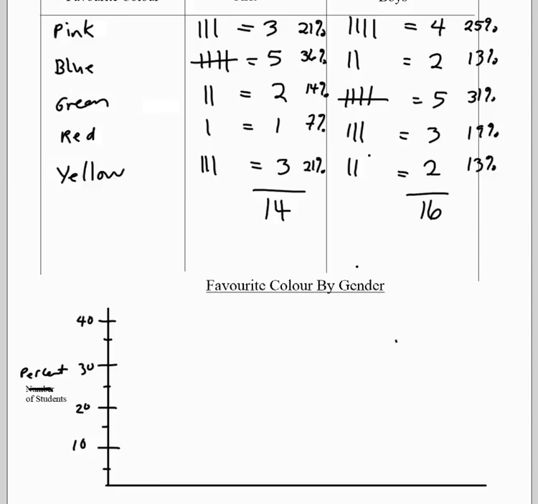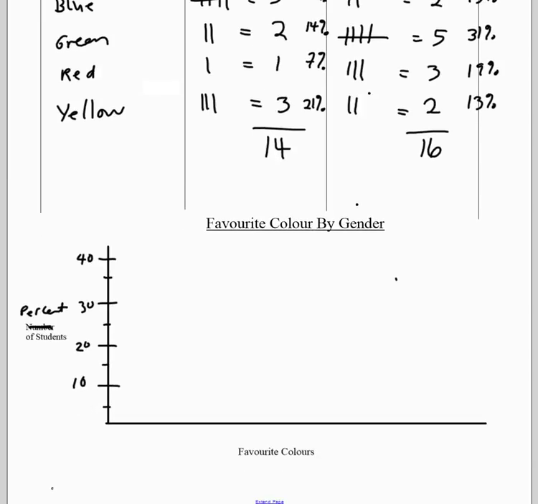Along the bottom, that's where I'm going to put my colors, like pink and blue and green and red and yellow. So what I then do is I need to make 2 bars. Now I'm not going to use a ruler, but you should.